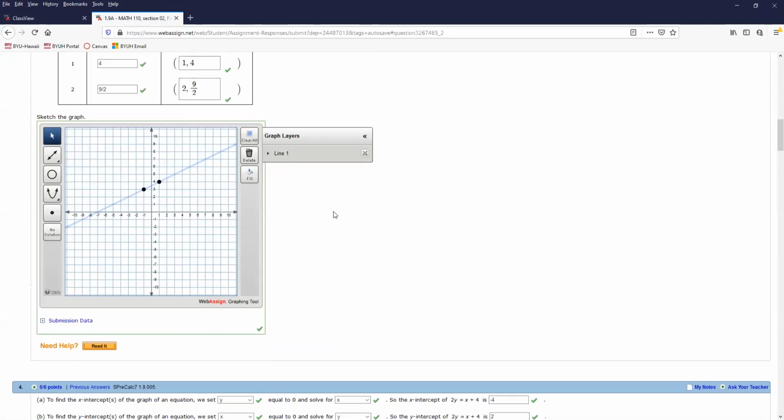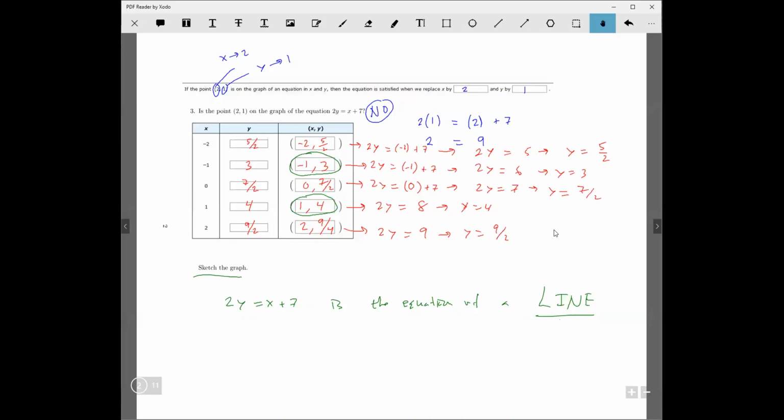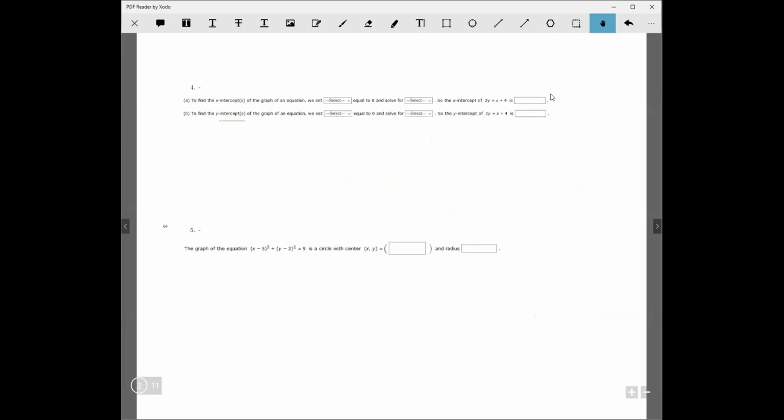Okay, so there you go. That's how you put it in. So let's go back over to the PDF document. And we've got the line in there. So let's go to number 4.